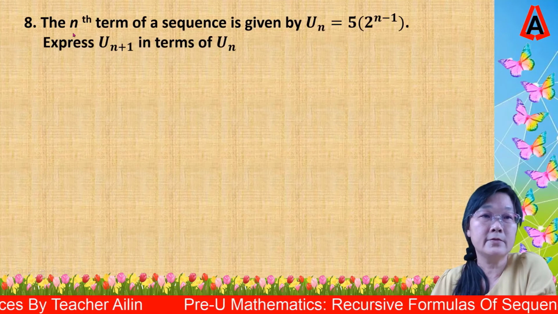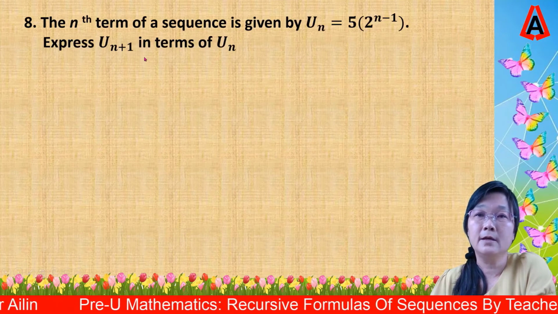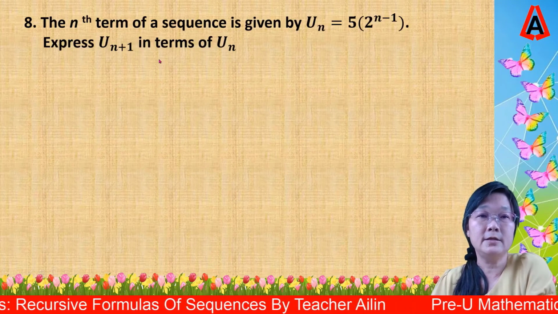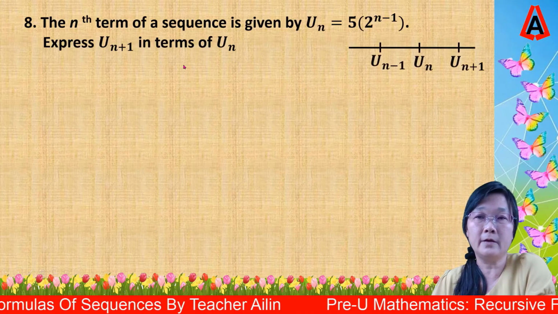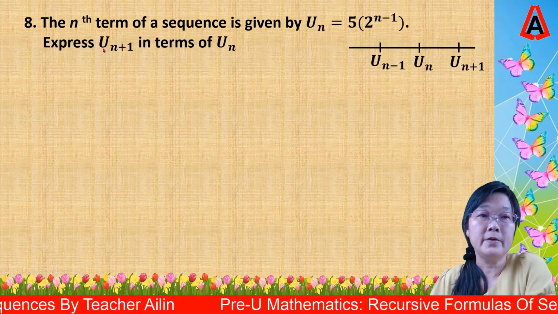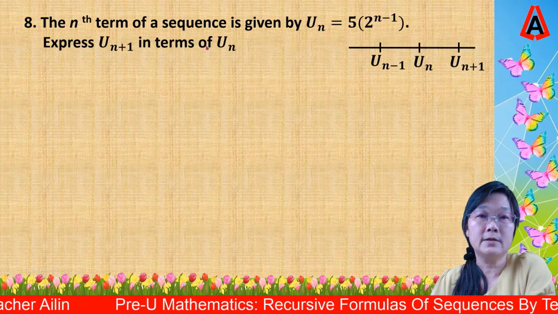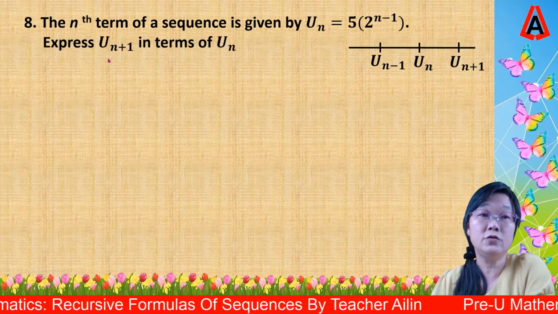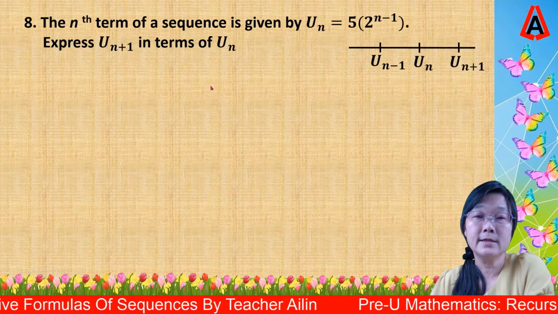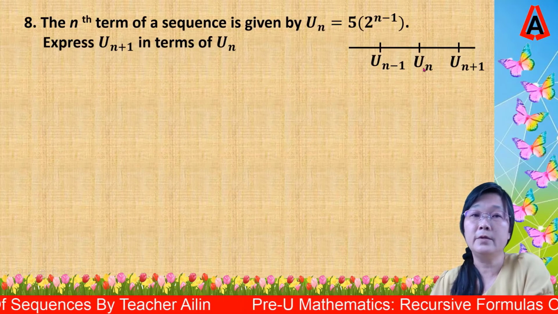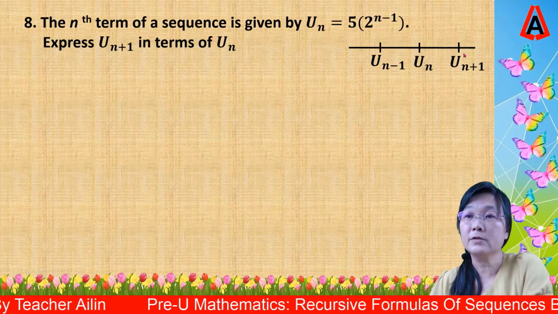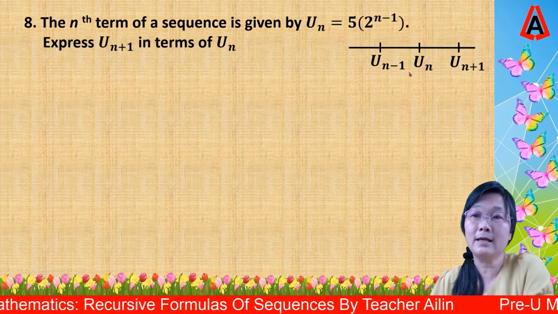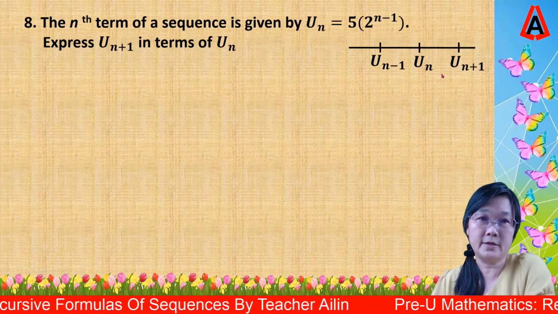This question never mentioned the recursive formula, but it actually asks for one, because expressing un plus 1 in terms of un means your final answer is un plus 1 equals something in un. So un plus 1 depends on un, the previous term.